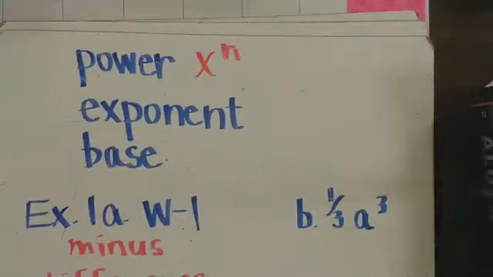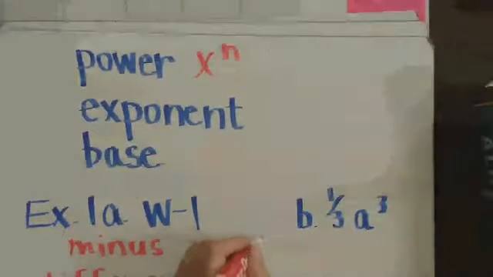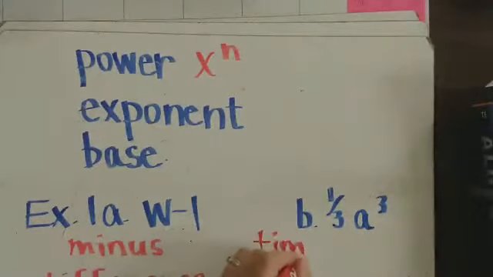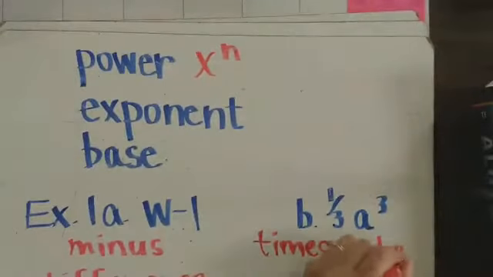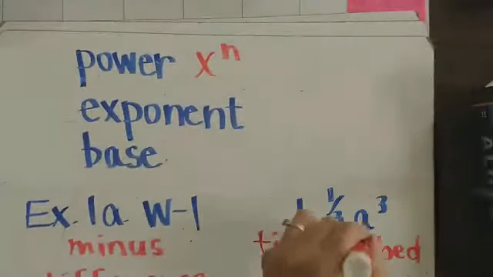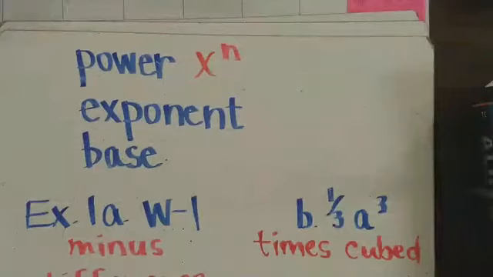On example 1, part B, we have 1/3 blank a blank. So let's try 1/3 times a cubed, because the 3 means we're cubing the a. The next part says the blank of 1/3 and blank blank.